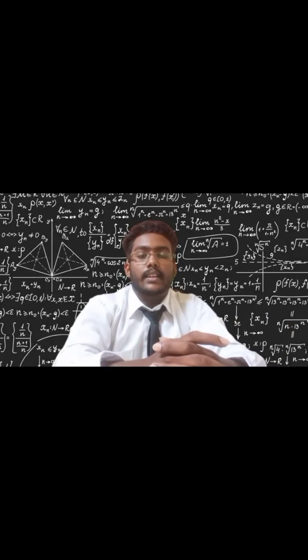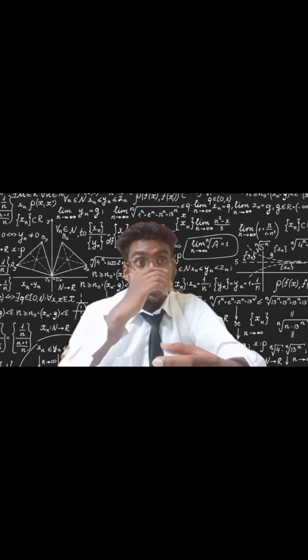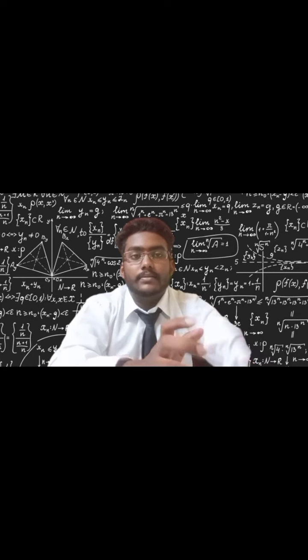The question I get is: find the unit vector of OA equal to 3I minus 3J minus 2K and OB equal to 4I plus 5J plus K. Now we are going to find the unit vector of AB.